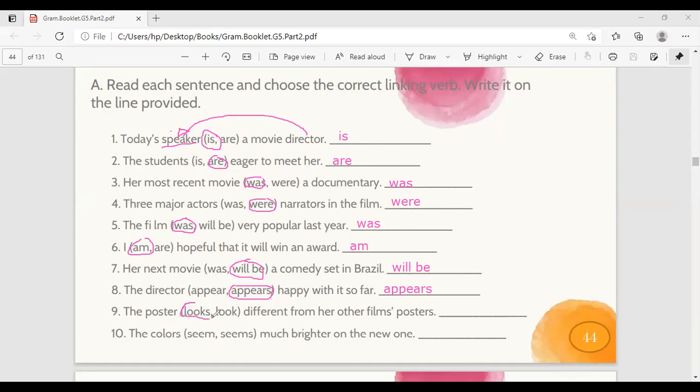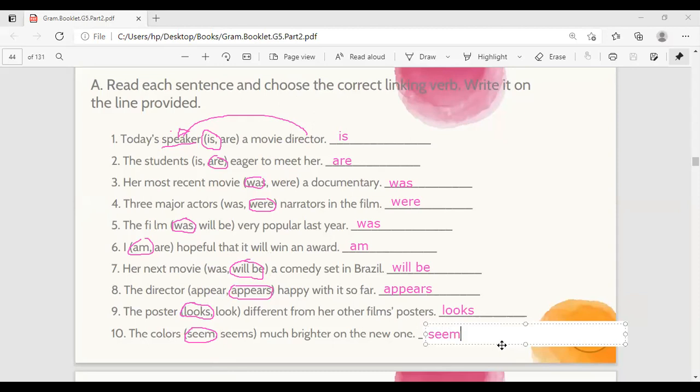It's singular. Can I do the last one? The colors seem much brighter than the new one. Seem. Excellent. They seem means also they look.